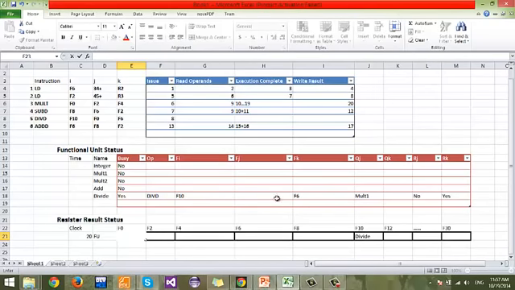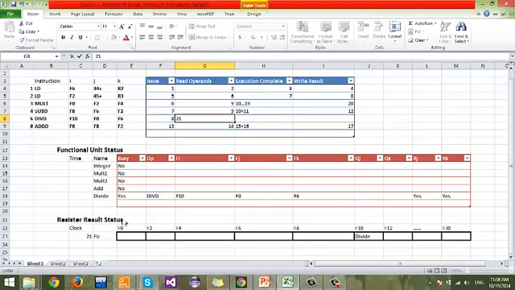And Qj, that means Fj for divide, will be available at the end of clock cycle 20. So what happens in clock cycle 21? Now all the operands for divide are available, so it can read the operands.